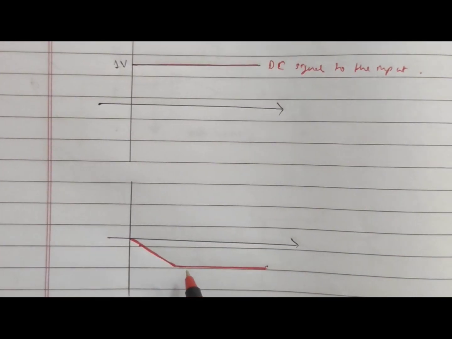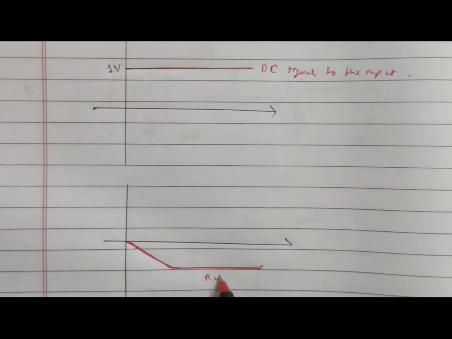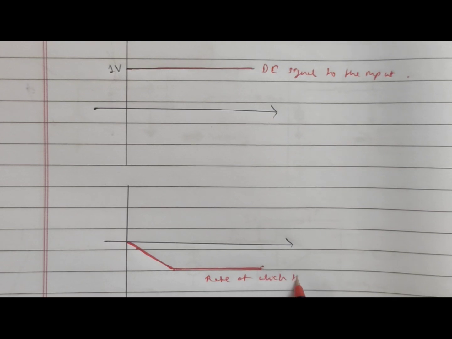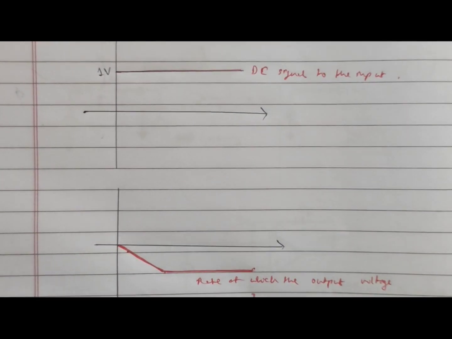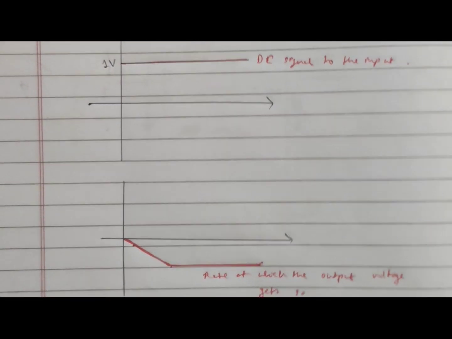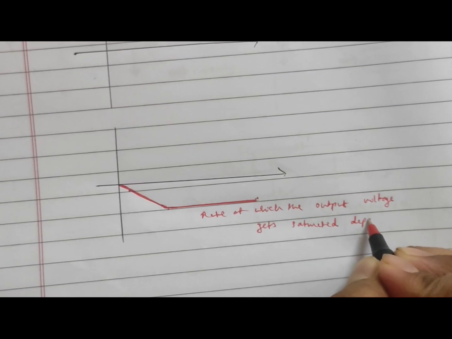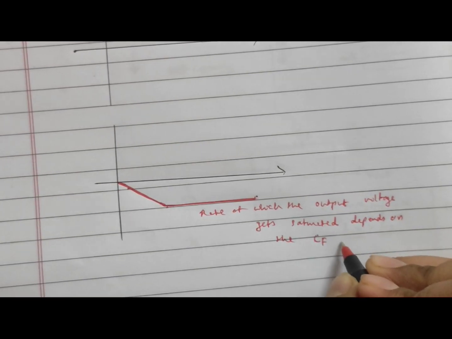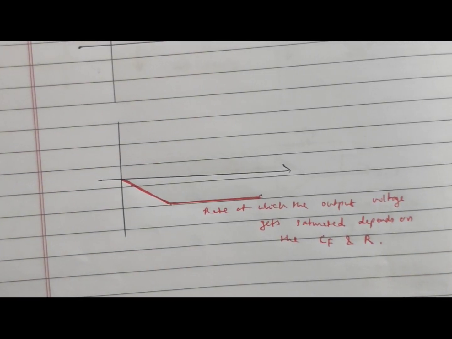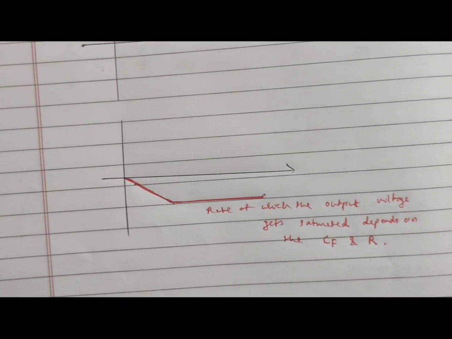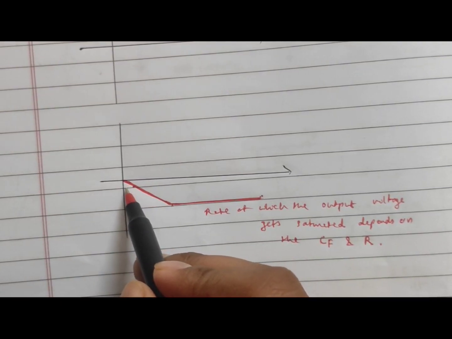Now here the rate at which the output voltage gets saturated depends on CF, the feedback capacitor connected between the input terminal and the output terminal, and resistor R connected to the inverting input terminal.